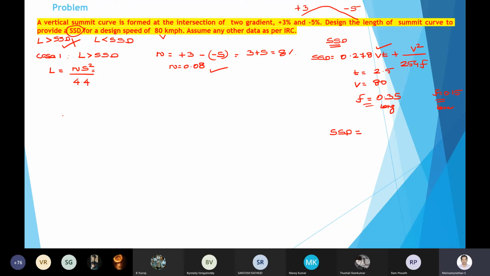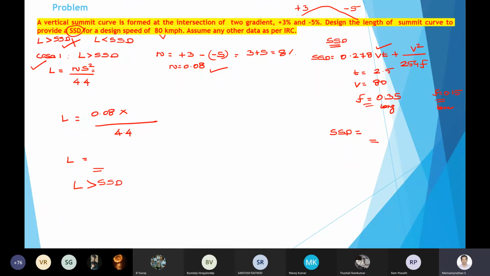Then you can apply it in your final equation, N equal to 0.08 into the S squared value. If the length is greater than the estimated SSD, then case 1 is true and we can finalize what we have estimated here.